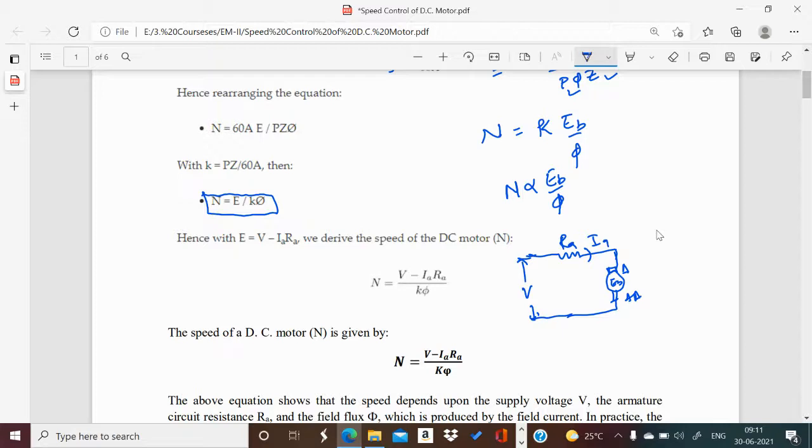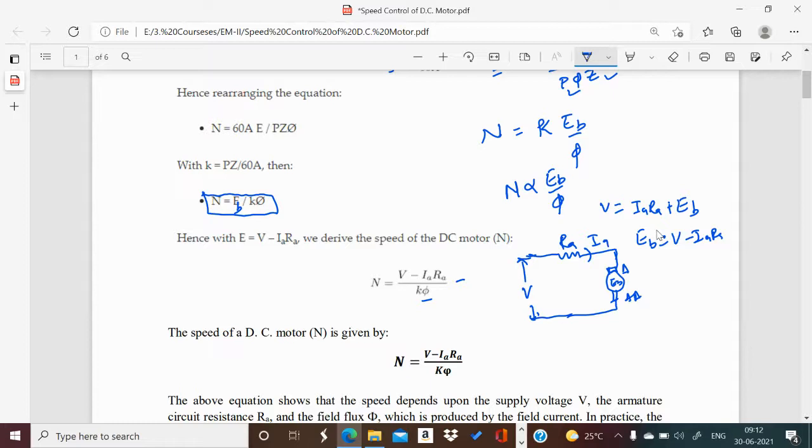Then the equation is written as V is equal to IA RA plus EB. From this, EB is equal to the input voltage minus IA RA. So instead of EB we can write N is equal to V minus IA RA divided by K into φ.